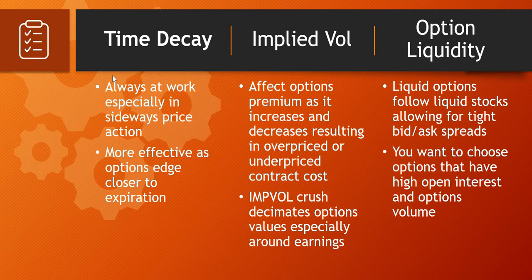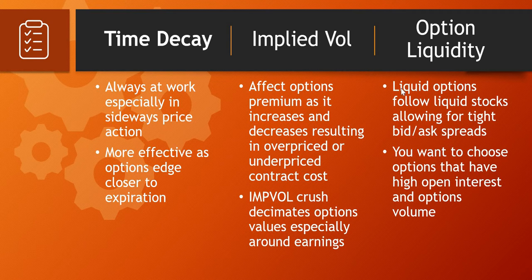Yeah, I pretty much just went over this, but let's take a look. Time decay, theta, always at work. More effective as options edge toward expiration. Implied volatility affects option premium as it increases and decreases, resulting in overpriced or underpriced contract cost. Implied volatility crush decimates options values, especially around earnings.